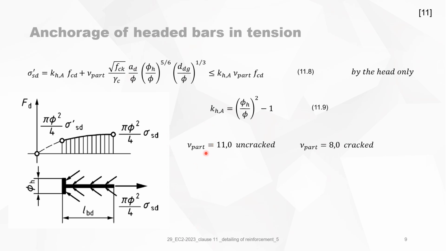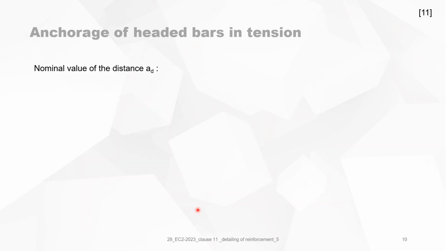The part is 11 for uncracked section and 8 for a cracked section. And AD is the nominal value of the distance between the bar and a free surface. Okay, so again, a kind of a concrete cover.